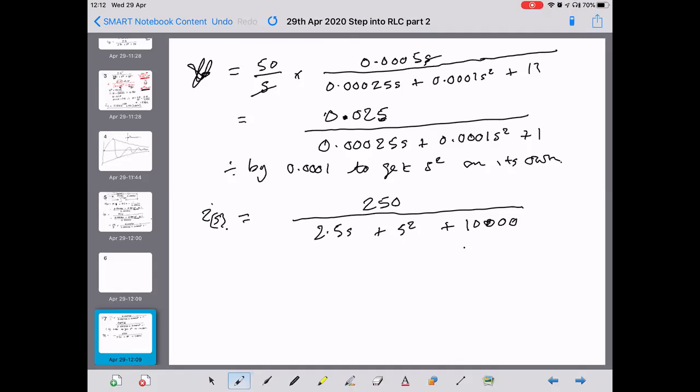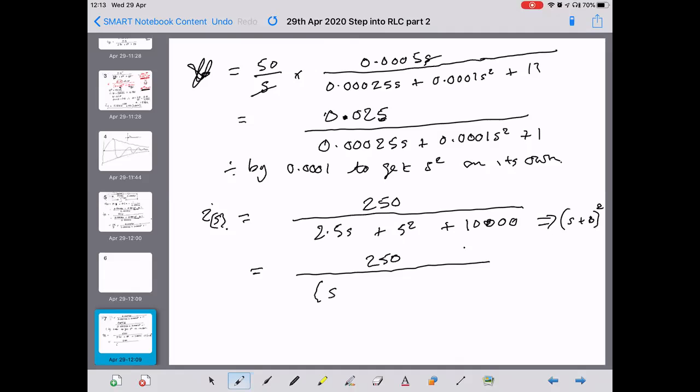We've got to write this bottom line as the perfect square, haven't we? We need to make this in s plus b squared form, with a remainder. So we keep the 250 on top.